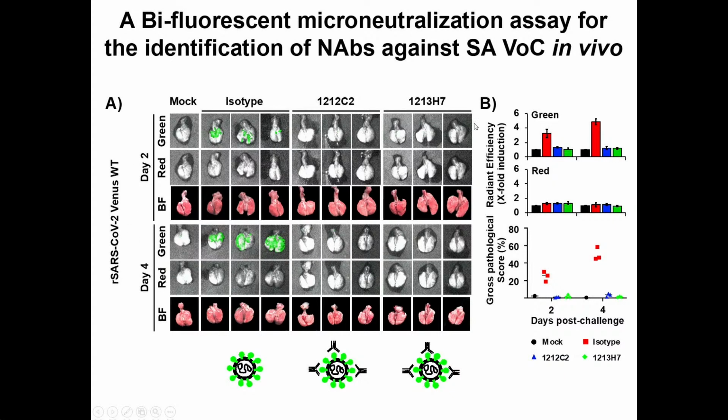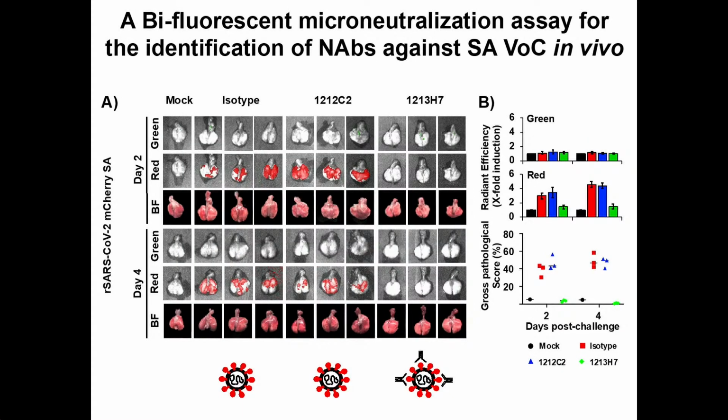As we expected, the mice that were treated with either 12-1387 or 12-12C2, which we know both neutralize the original Washington strain, we were not able to detect fluorescent Venus expression either at day 2 or at day 4 in the lungs of these infected mice, contrary to the situation of mice that were infected and treated with isotype control that does not neutralize the virus. And that's what you see, Venus expression at day 2 and day 4.